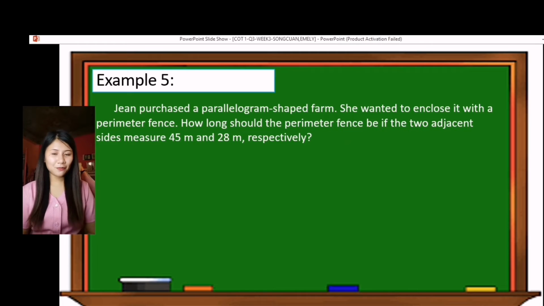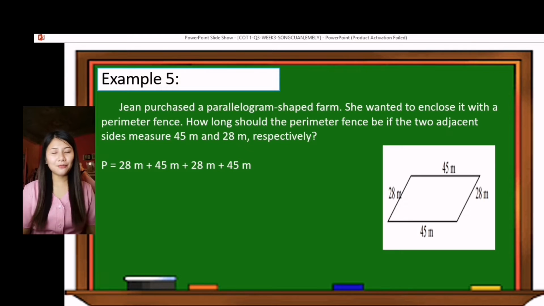One property of a parallelogram, two opposite sides are congruent. So, meaning to say, if that side has a measure of 45 meters, its opposite side has the same measure, which is 45 meters as well. And if that is 28 meters, its opposite side has a value of 28 meters as well.